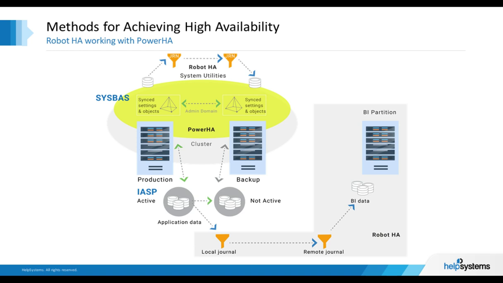Or there are some things that stay in the sysbase, because when you do PowerHA you're splitting up, leaving your operating system in the sysbase, but there might be some other applications or technology left over that the admin domain cannot replicate, so they use a tool like Robot HA to replicate data from sysbase to sysbase and then over to BI.